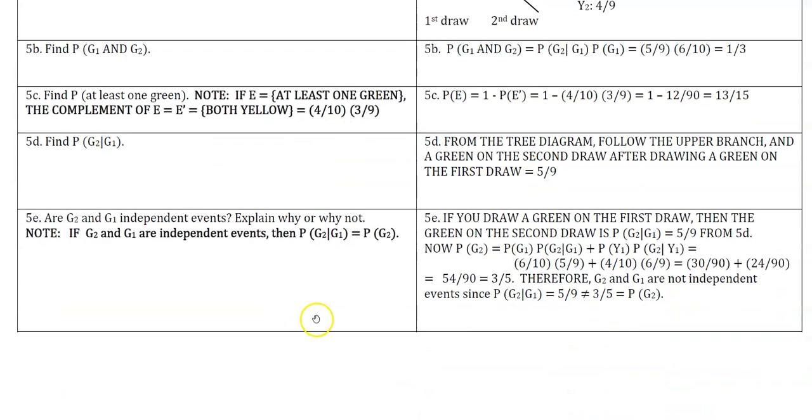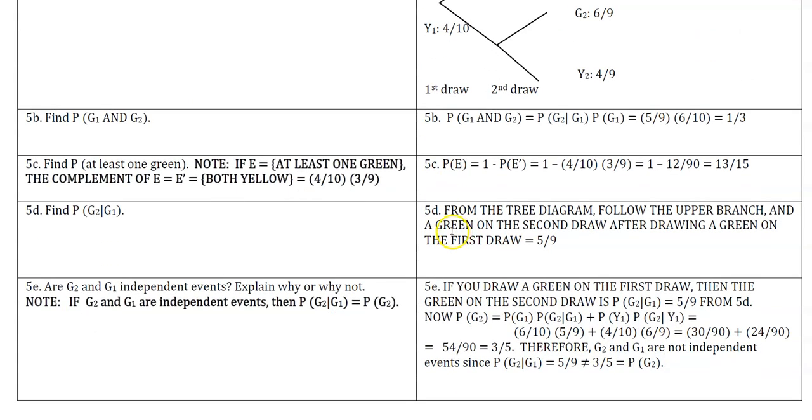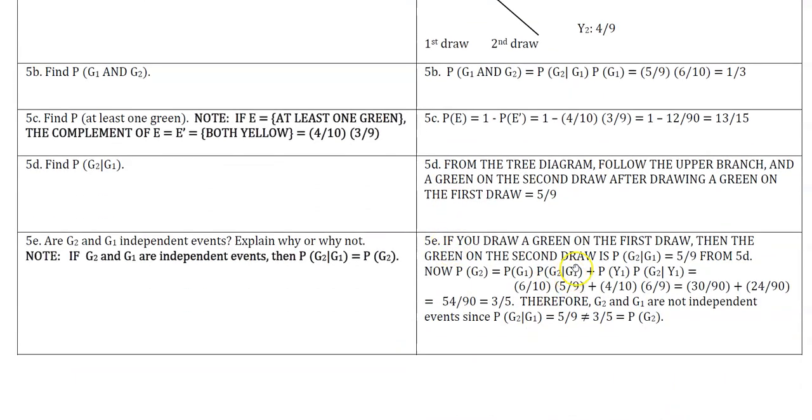is a calculation to decide whether these two draws, green on the first pick and green on the second, are independent. And you can see from the tree diagram that they're not. Okay, some of you did state it that way, and I gave you full credit for that. If you wanted to be more precise, you could simply show that the conditional probability of G2 given G1 is equal to the probability of G2.